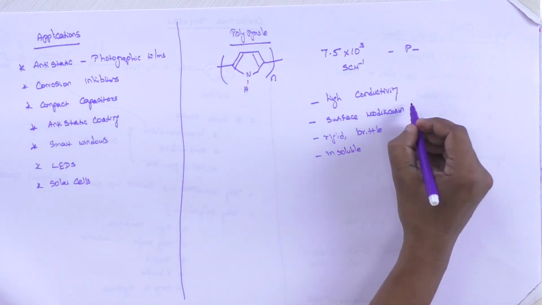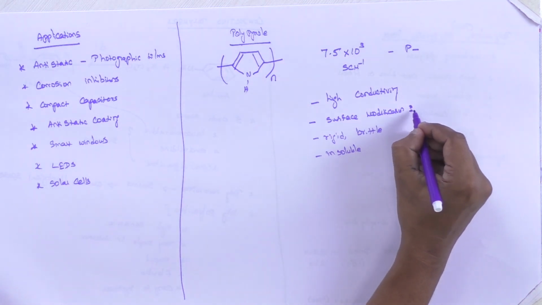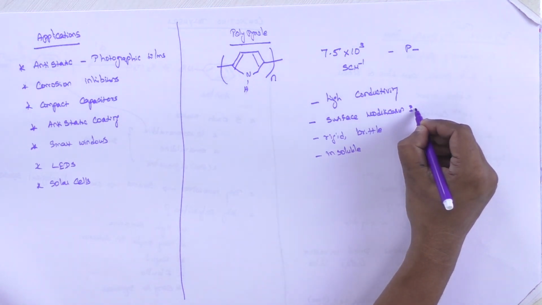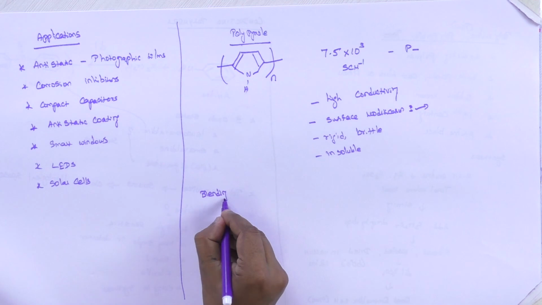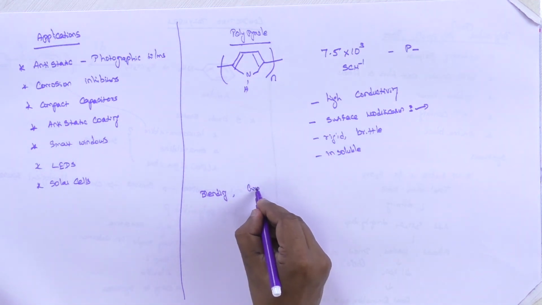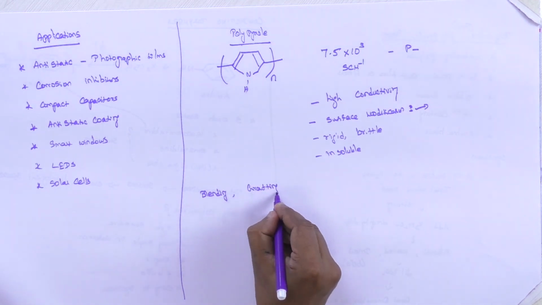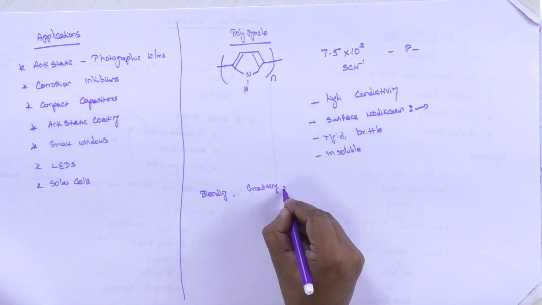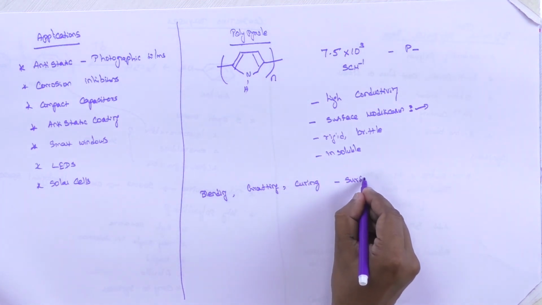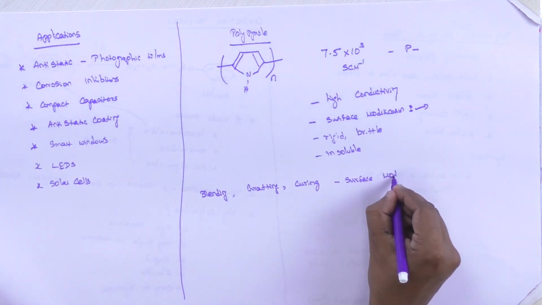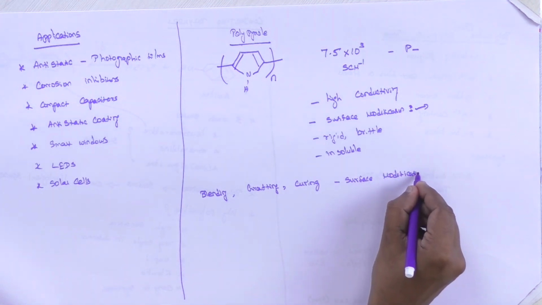What do I mean by surface modification? Surface modification is done to improve the properties of the polymer through blending, grafting, or curing.